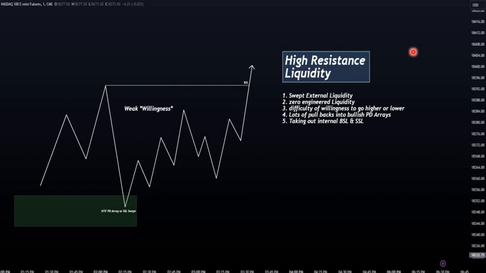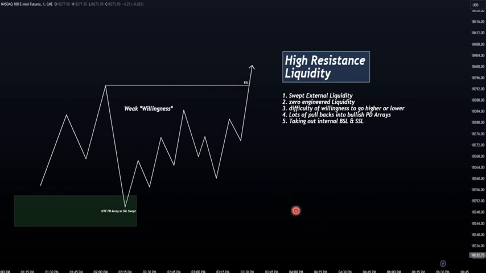This comes with a multitude of different factors. The first one: we had swept external liquidity. That means if this is external right here, a higher time frame PDRE or sell side liquidity that had been swept, we can anticipate high resistance liquidity could occur.